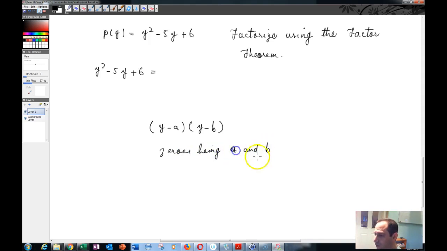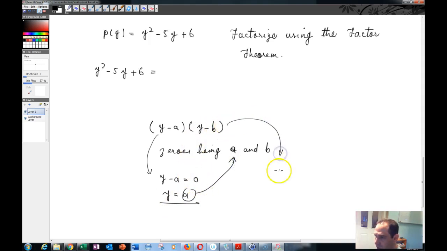If your zeros are a and b, then the factors become y minus a and y minus b. The reason is that if you set y minus a equal to 0, then y is equal to a, which was the zero you had here. Or when y minus b is equal to 0, then y is equal to b, which is the zero you had over here.